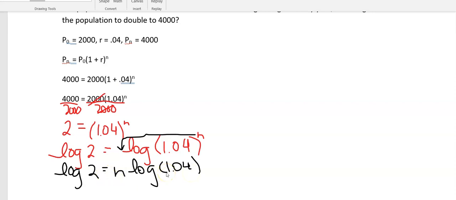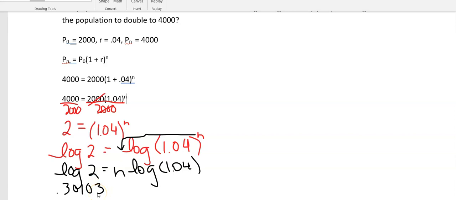So if I put log of 2 into my calculator, we get 0.301, and don't round off on these too early. So take them 4, 5, 6 decimal places. So I'm just going to take it to 5 decimal places.